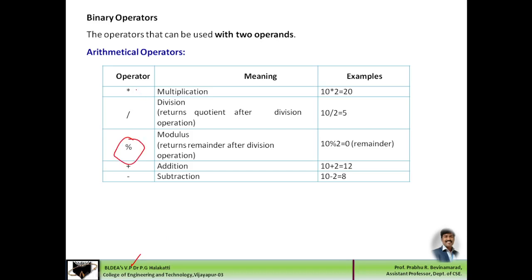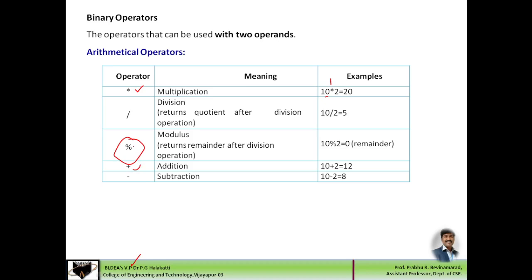So in C program we write an asterisk to multiply two numbers. For example, if we have two numbers 10 and 2, 10 is multiplied with 2 by writing this particular operator. So this operator is for multiplication, this is the division operator, this is addition, and this is subtraction. And in case of modulus operator, we will get a remainder.